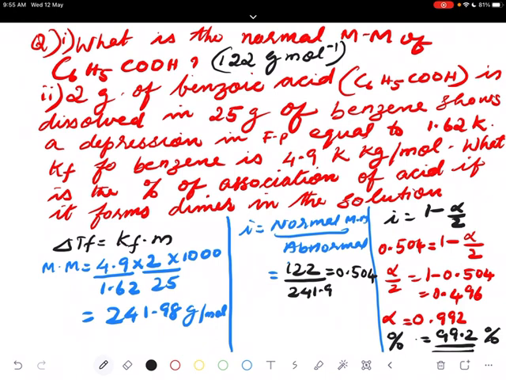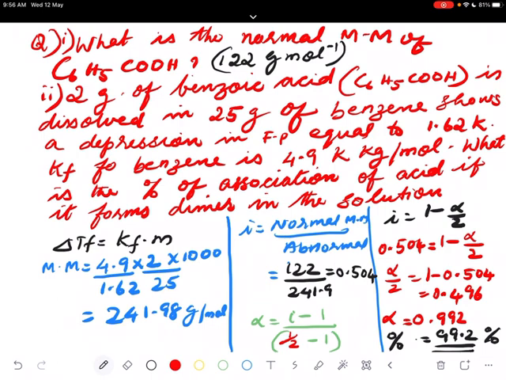One equation we have seen. What is that equation? That is alpha is equal to i minus 1 upon 1 by n minus 1. So dimer means this n is equal to 2. If I put n is equal to 2, that is dimer, that is 1 by 2.